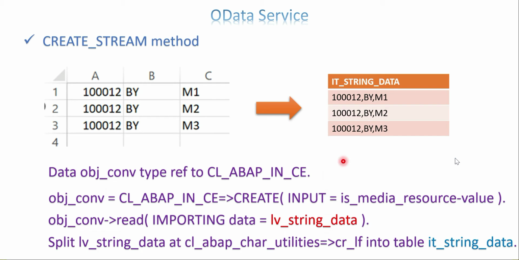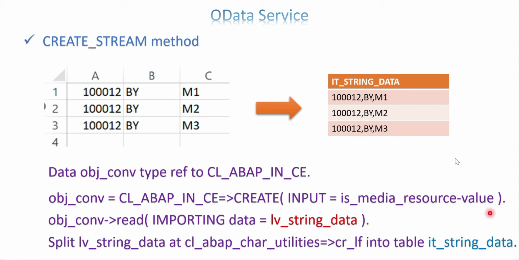So this is the code which we are going to use for the step 1 process. I need an object reference variable which refers to the class, and I need the reference with the help of a create method. The input parameter value is media resource hyphen value.